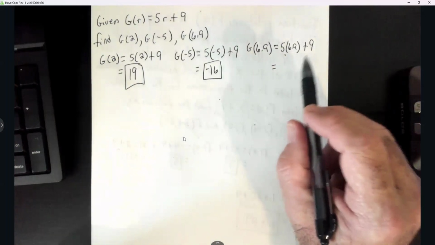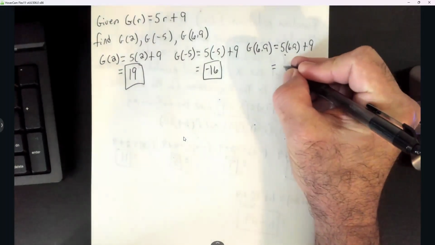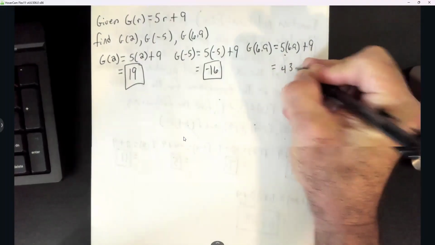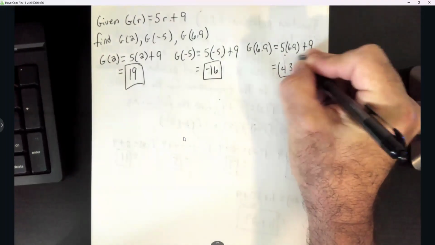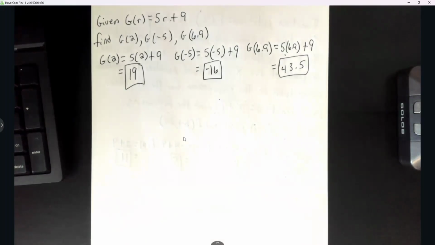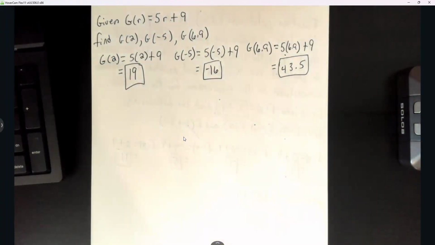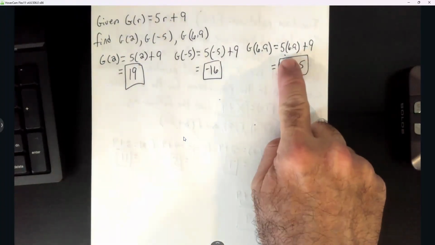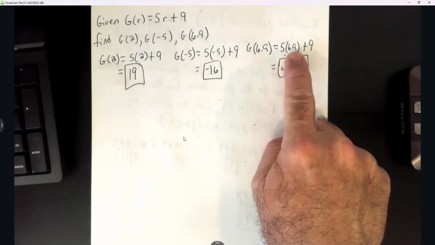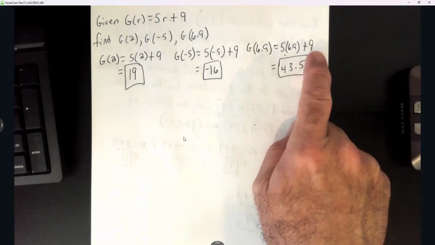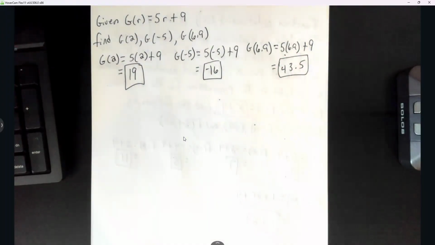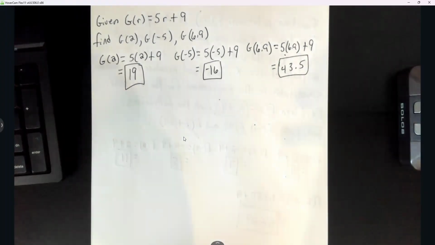And then 34.5 plus 9 gave us a 43.5. Okay, so decimals are fun. We got our calculator. And y'all just punch it right on the calculator like it looks here. 5 parentheses 6.9 for multiplying. Add 9. It'll spit out that answer every time.